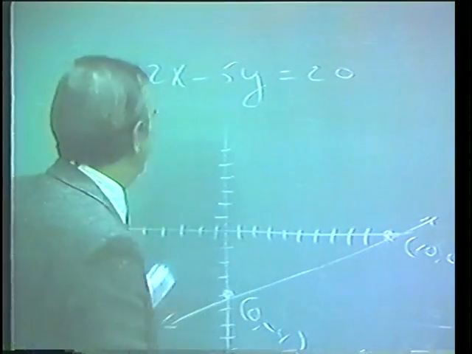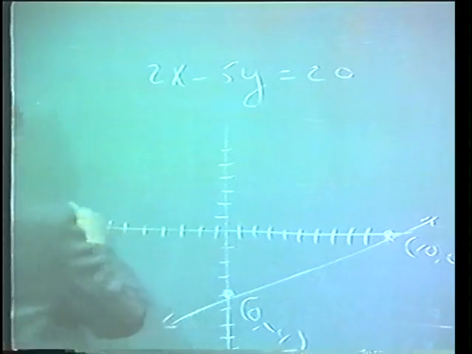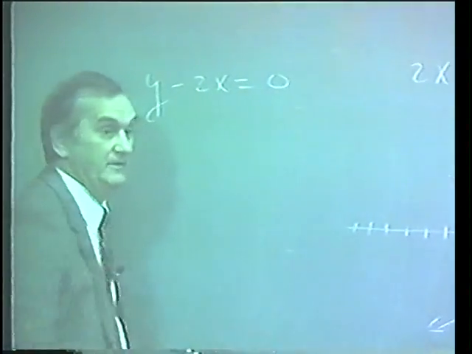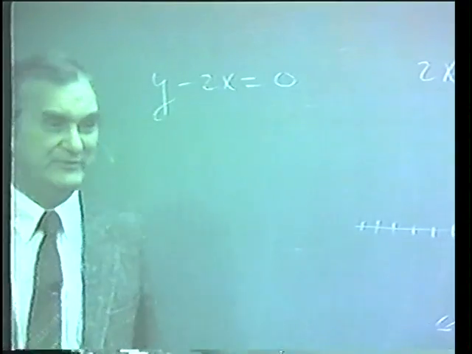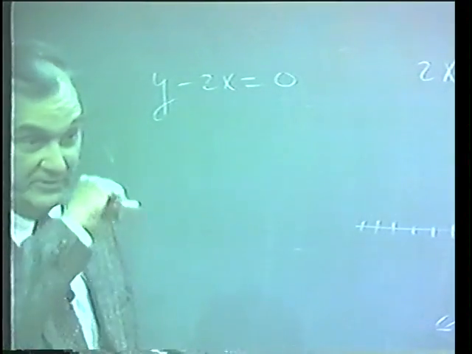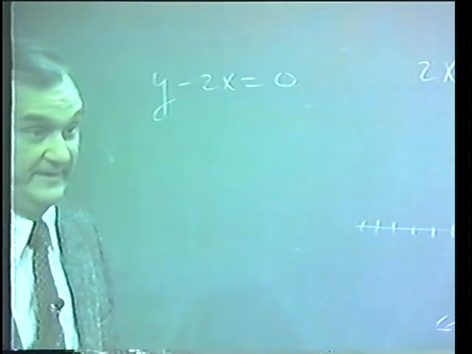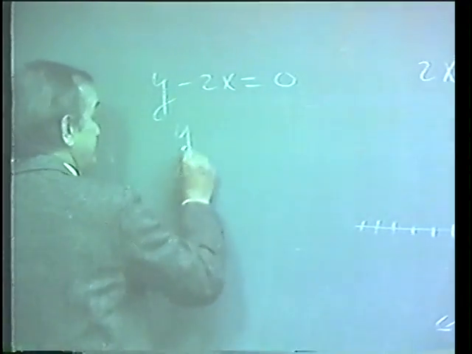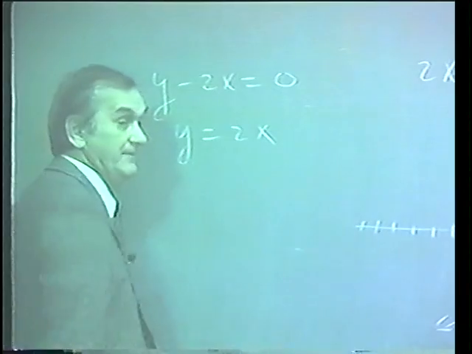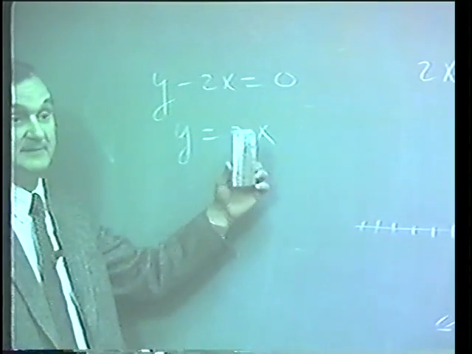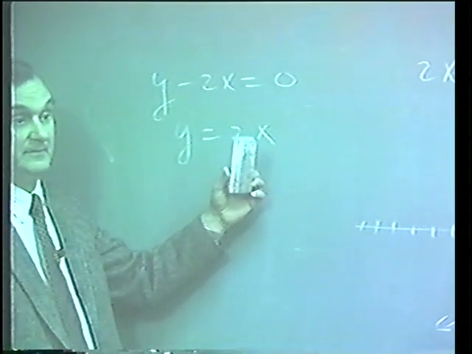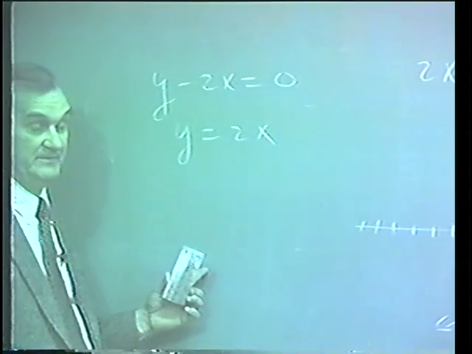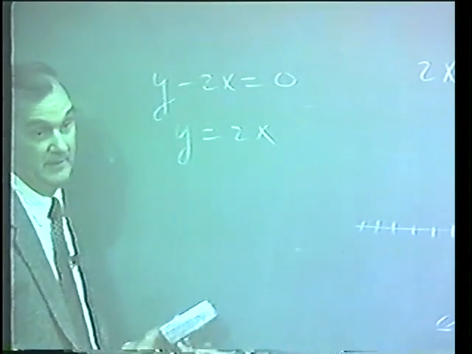In other words, if you had something like y minus 2x equals 0, you could not use the intercept method. You could either use the 3-point method or solve it for y and use the slope-intercept method. The intercept here would be at where? 0, the origin. Your slope would be 2. That means from 2, up 2, 1 over. You have your line.